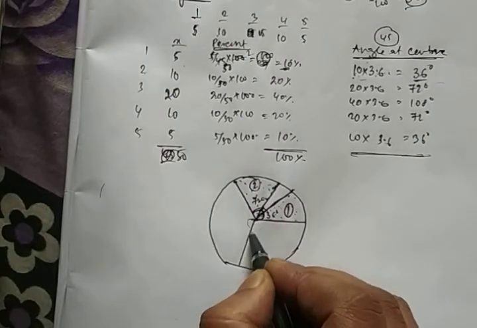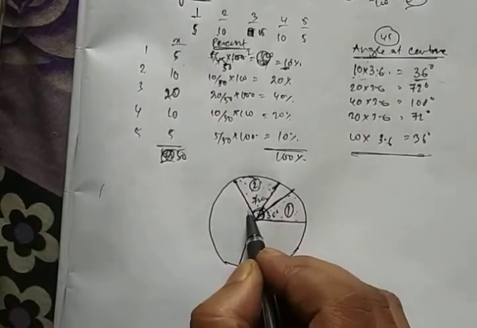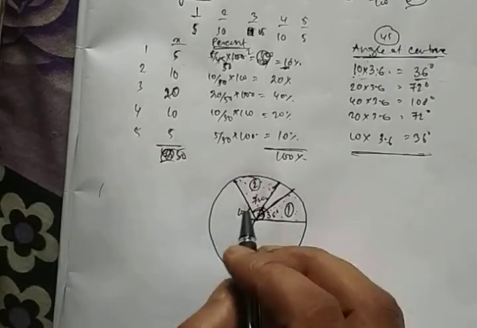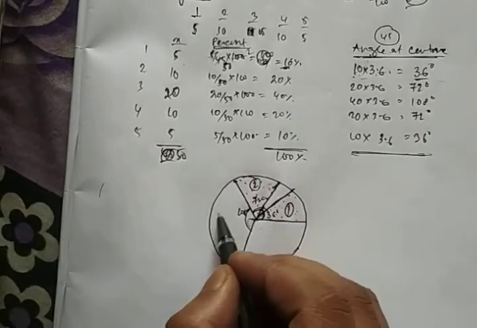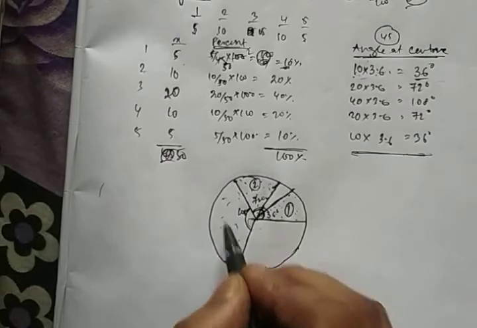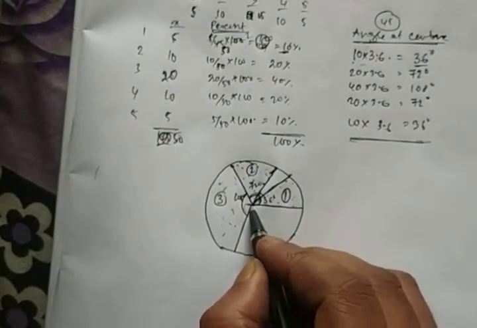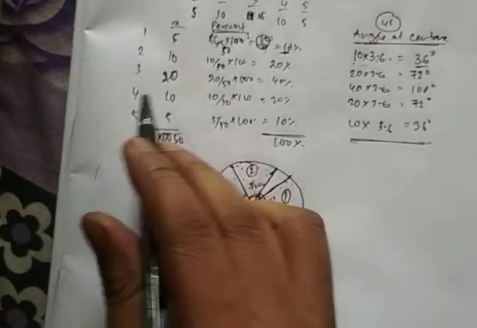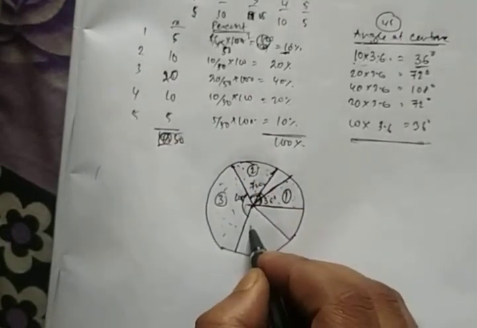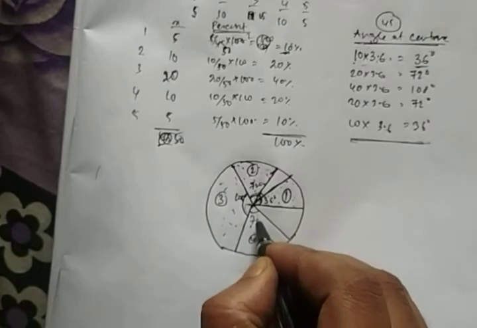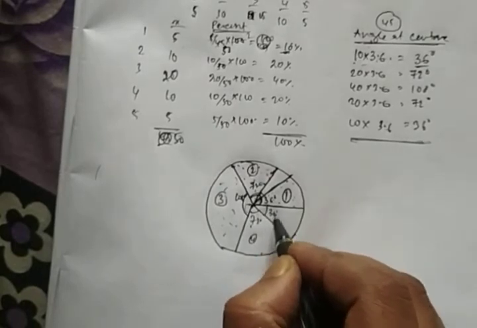This total area represents the values of the third category, and lastly the fourth category has 72 degrees. So this is 72 degrees, and lastly this is 36 degrees.